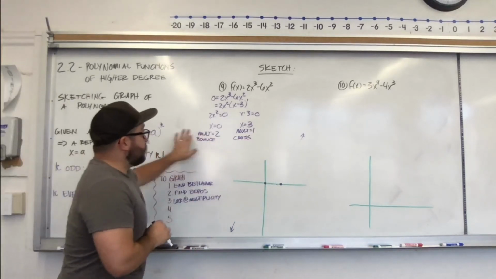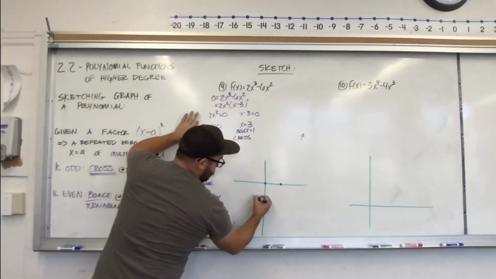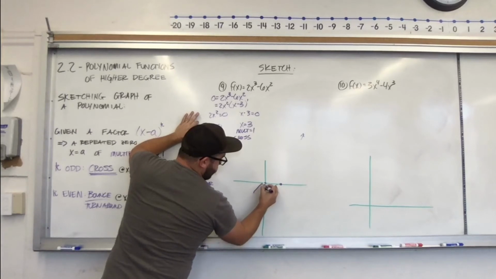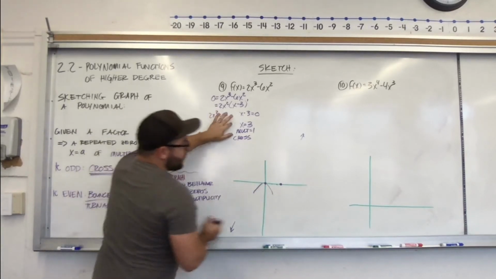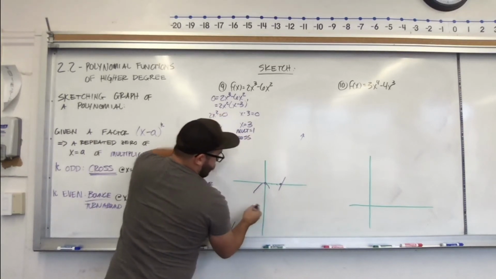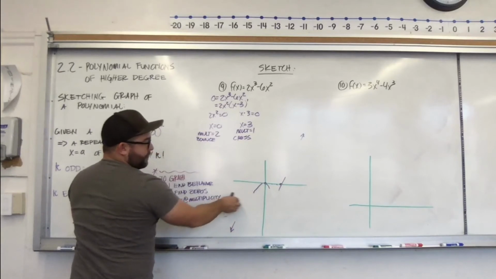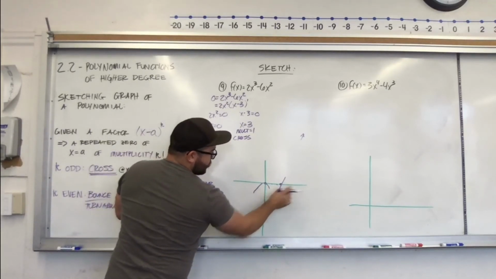So now I'm going to use those ideas and do a rough sketch of what's going to happen. At 0, something's going to come up here, and then it's going to bounce. It's going to turn around. And at x equals 3, I know it has to cross through. So I really just need to know now what's happening to the left of the 0 down here, what's happening between these two, and maybe a little to the right.